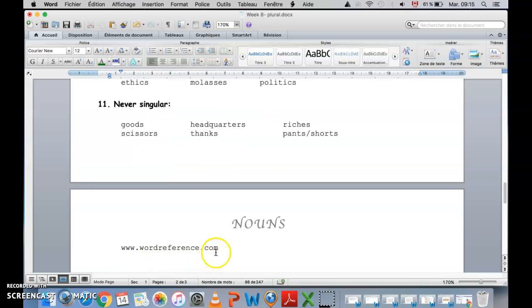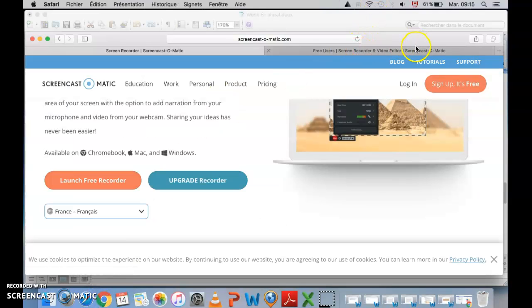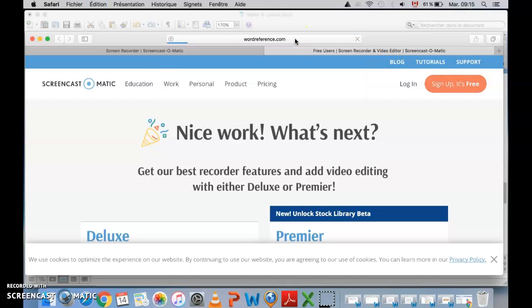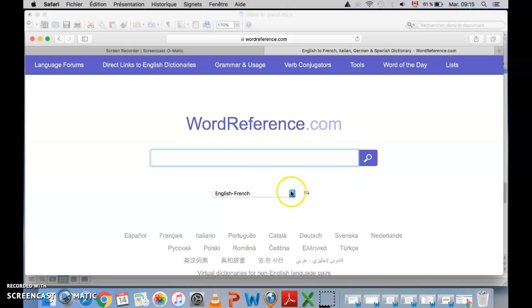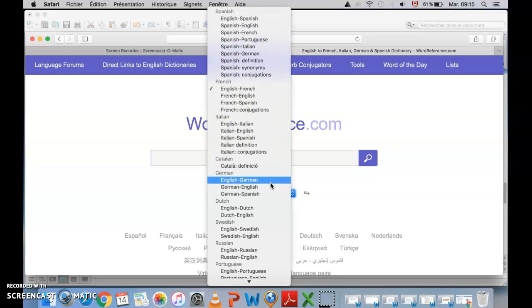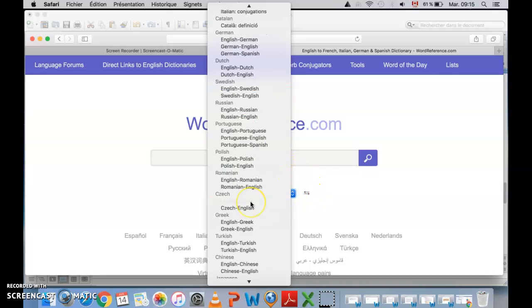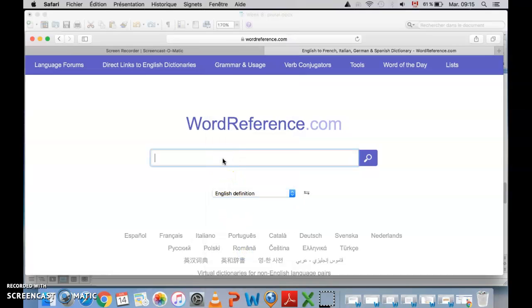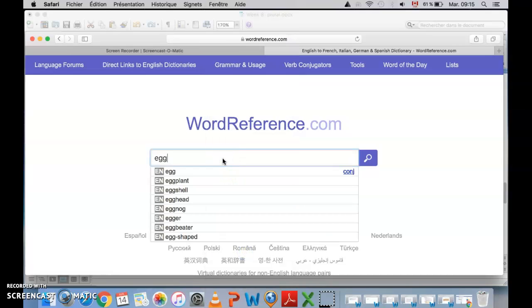Here at the bottom you have a website, wordreference.com. If you're not too sure, then you go online. You go to wordreference.com, you click here and scroll all the way down, and you go to English definition and write a word, egg.